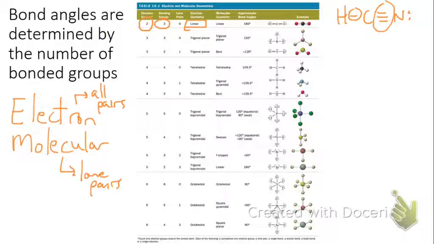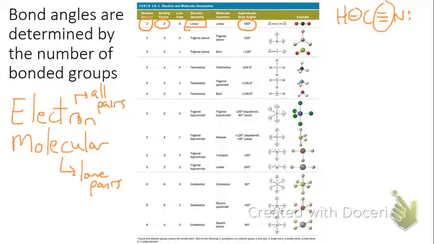Triple bonds and double bonds count as 1 group. And so this geometry would be linear. The bond angle for a linear electron geometry is 180 degrees, since a straight line has an angle of 180 degrees.